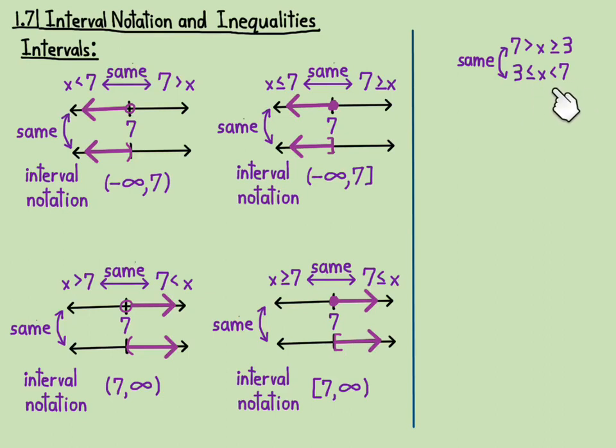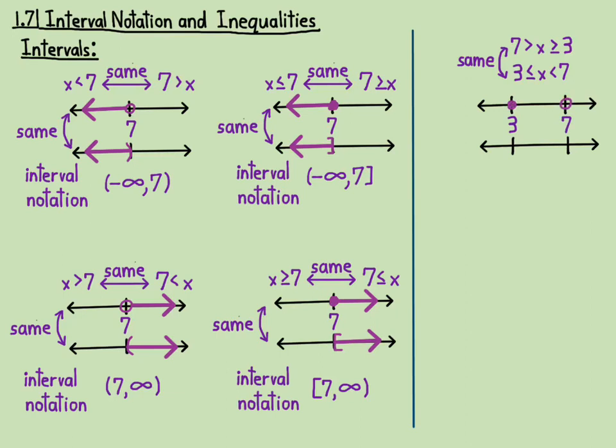Why do I like this one better? Because this one has the numbers in the order that they are on the number line. Whereas this one's backwards. See, 7 is to the left of 3, which is kind of weird. So usually if I saw this one, I would just switch it immediately to this one so that I don't make any mistakes. So then we graph 3 and 7.